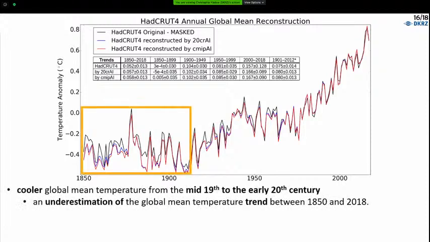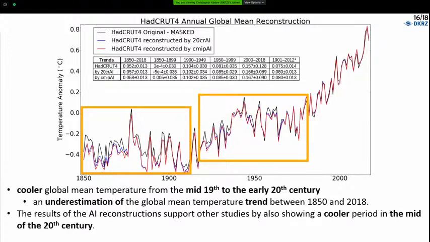And we basically have a cooler global mean temperature from 1815 to 1920 or something like that. So we basically get an underestimation of the global mean trend due to the missing values. And this is something which was known before, so it confirms other studies.